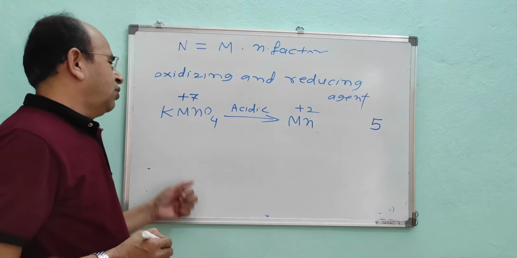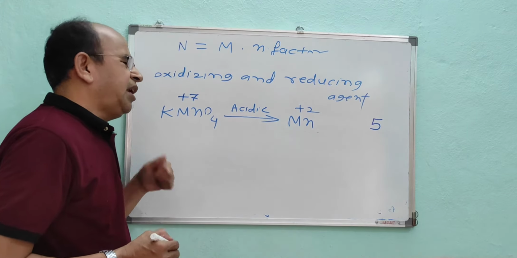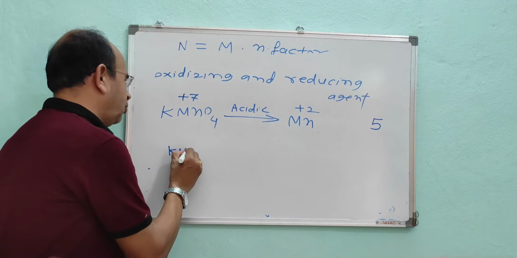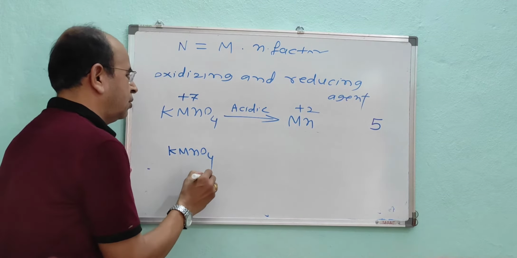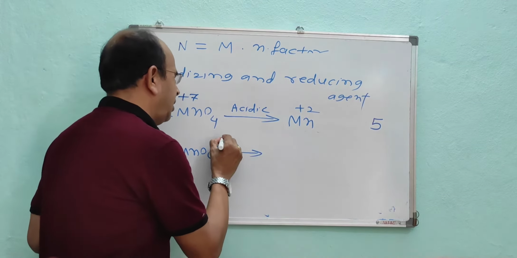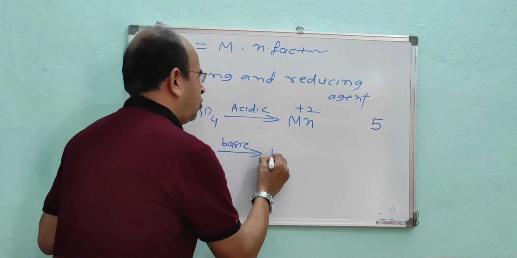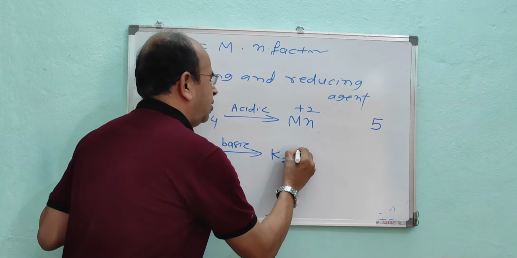Now this potassium permanganate in basic medium, what will it produce? I will write the reaction. KMnO4 in basic medium produces K2MnO4.